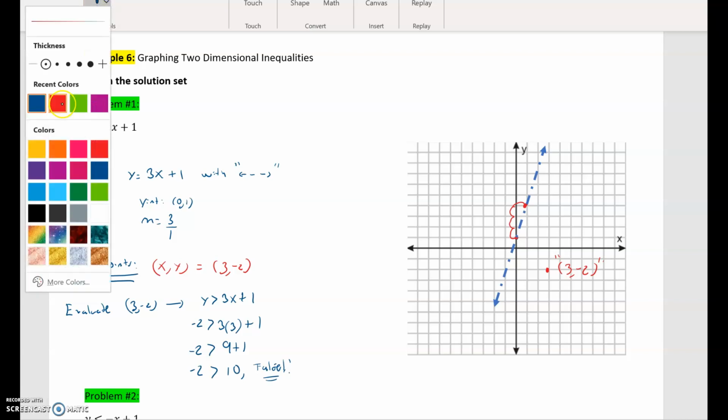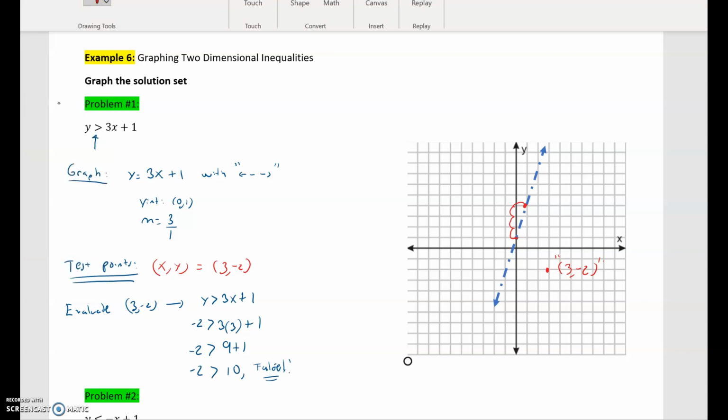Now, what this does is the following. We tested a coordinate point below, and that came out to be false. So that means that the solutions are all the coordinate points above it. And we typically just shade that portion of the plane. And that's it for this problem.